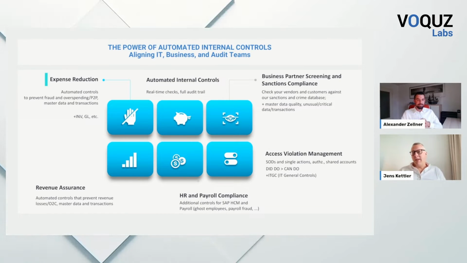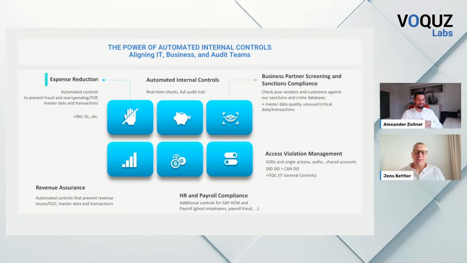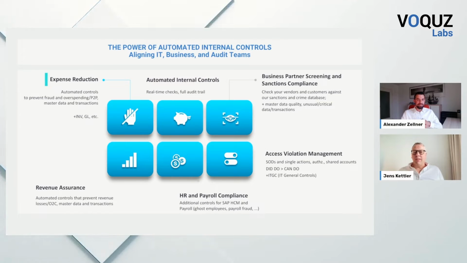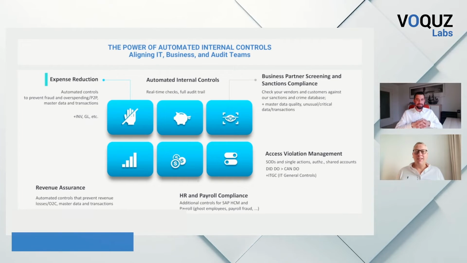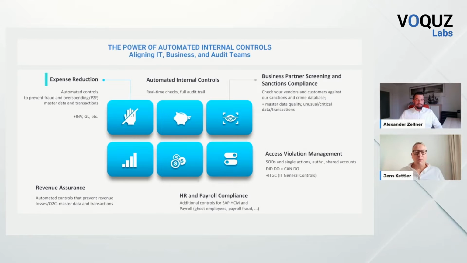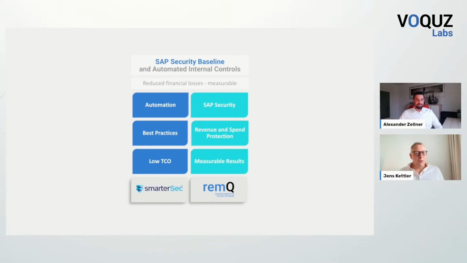And so when you say you do 360 degrees, it's just 2 dimensions. We add 1 dimension, so it's like a sphere, that we are now protecting together with SmarterSec. And I think that's the interesting value proposition of the two solutions combined: SmarterSec for your SAP security and VOQUZ for your business process security and the internal controls.